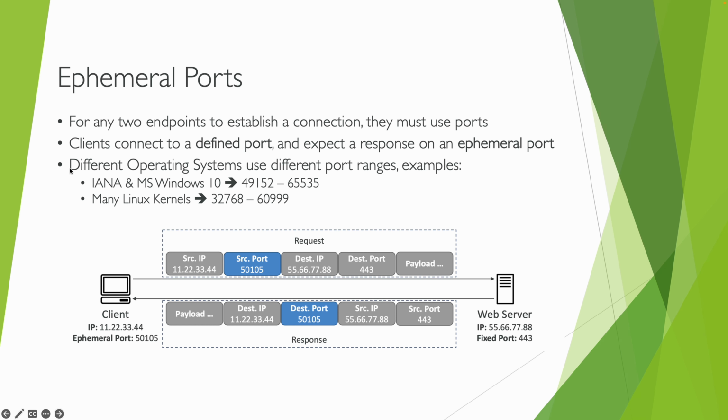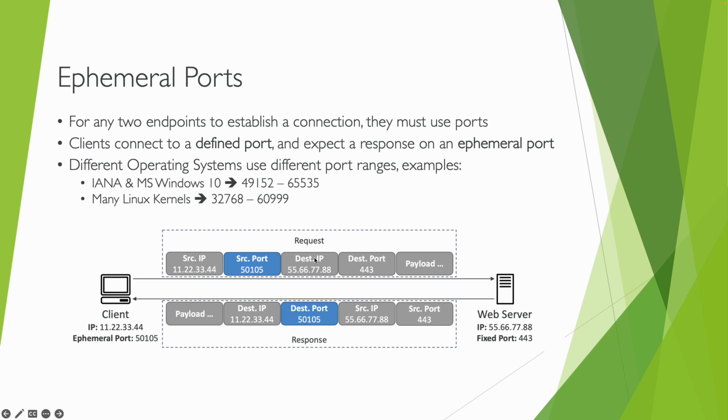In different operating systems, the ephemeral port ranges are different. On Microsoft Windows, it is mostly from 49,152 to 65,535. On many Linux kernels, the ephemeral ports come from a different range.